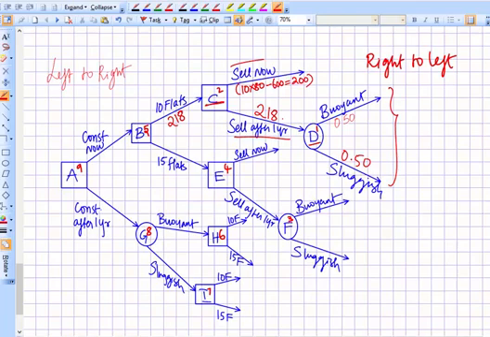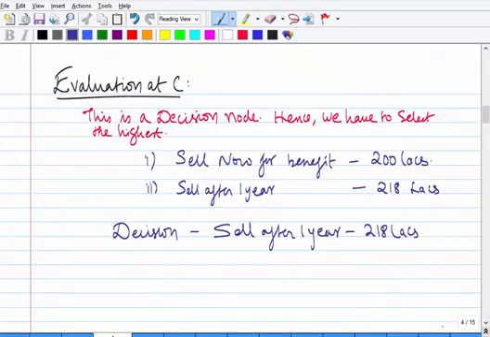If we are going to construct 10 flats, we will not sell it now, we'll sell it after 1 year, so that we get a net benefit of 218. Now it's time for us to do the evaluation at F. And probably if you would have noticed, I have done the evaluation at D, then I have done the evaluation at C. Now I am going to the third one, evaluation at F, and that is basically a chance node where you don't have choices, you have to accept.